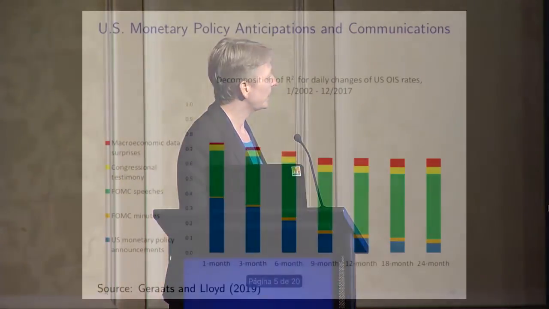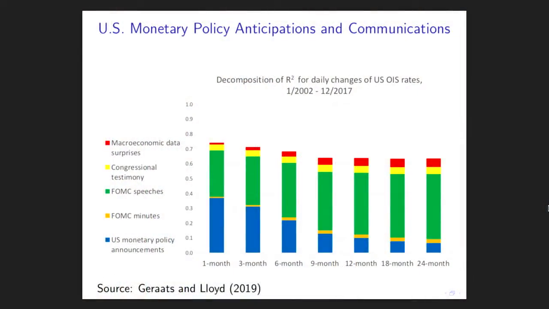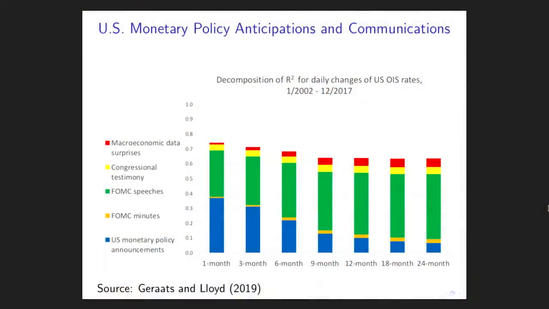Now, the first bar here in this bar chart is representing exactly the same information we just saw in the pie chart. The other bars are showing what the decomposition is for longer horizons, up to 24 months. And we see as the horizon increases, then monetary policy announcements become less and less important in influencing monetary policy anticipations at these longer horizons, whereas speeches by FOMC participants become more and more important.